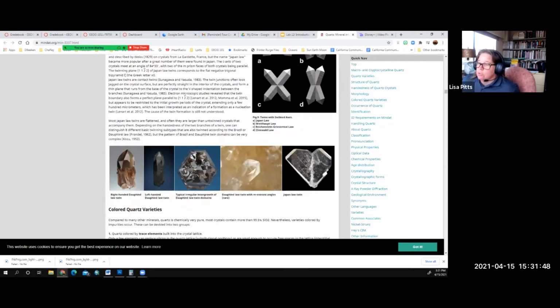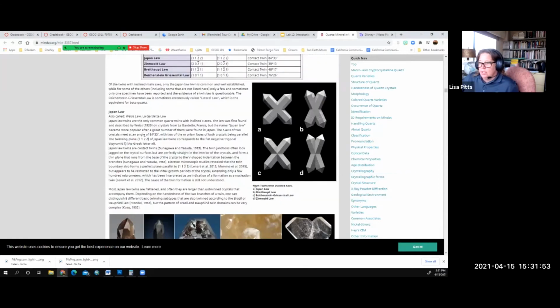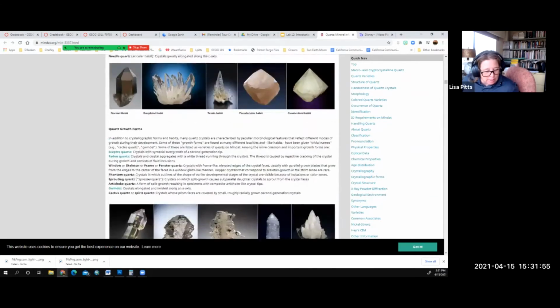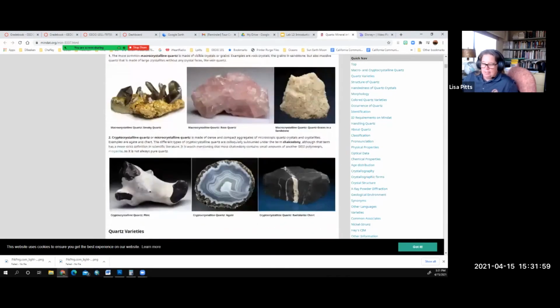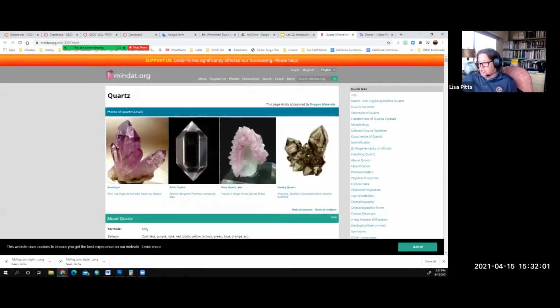Oh, and the color. So let's see. Amethyst is purple, rose quartz is a pinkish color, and smoky quartz is, I don't know, a grayish brownish color. And rock crystal, I don't know if you'd call it clear colored. What do you call it?